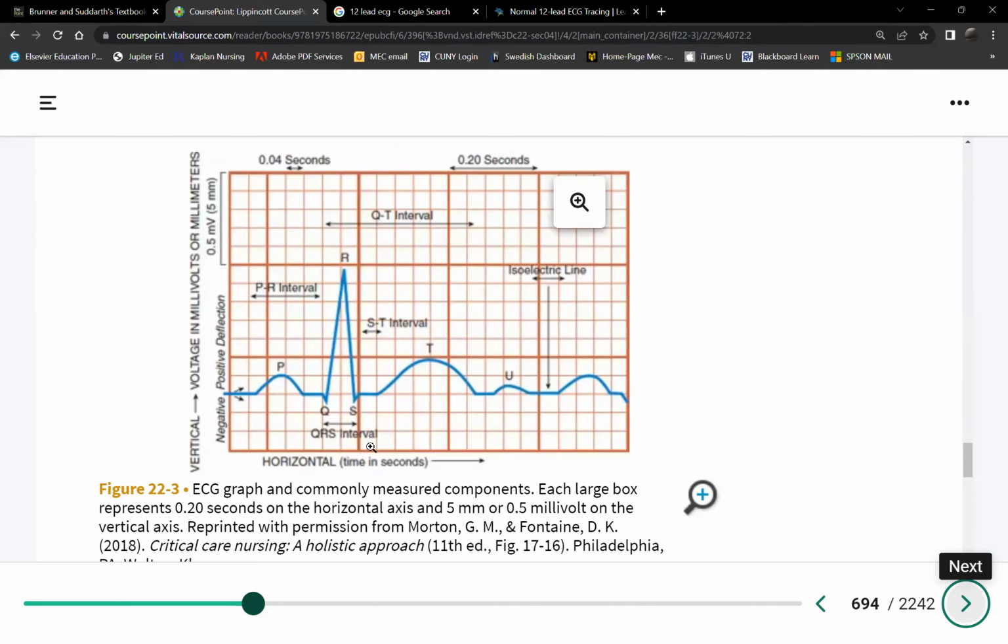So 0.04 seconds times 5 equals 0.2 seconds. So therefore, one big box is how long? 0.2 seconds, right? So therefore, in 1 second, how many big boxes are there? 1 second has how many big boxes?